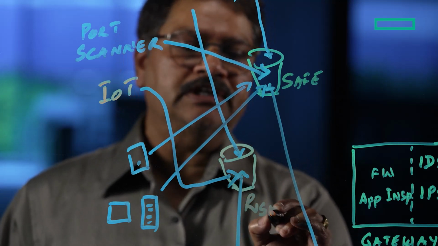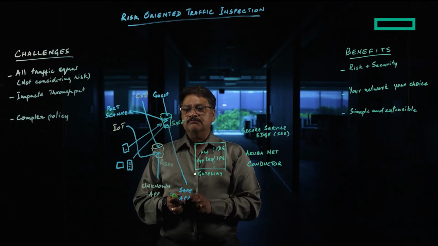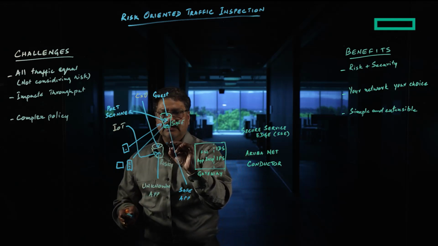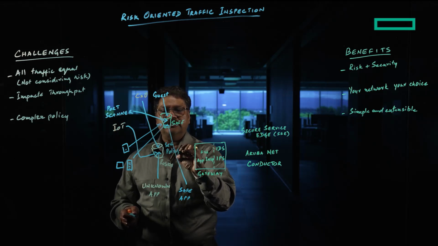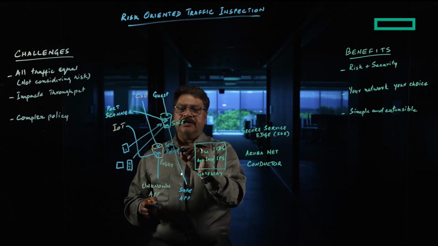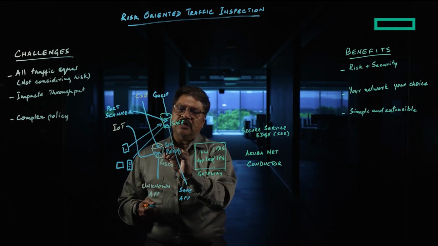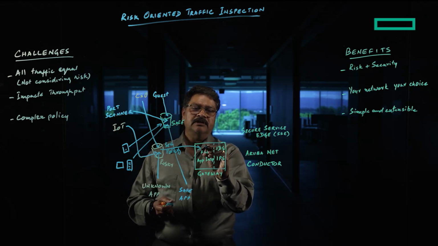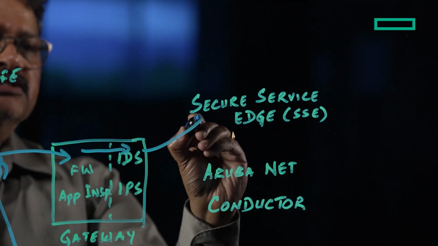Once you have figured out what you're going to inspect, you simply apply a policy to it and say that anything that is risky, I'm going to apply a security policy on that, and I'm going to inspect it. What this means is that on the system, anything coming from this bucket, the system will know to take that traffic as it goes through the network or the gateway and send it to the IDS IPS engine, to do the inspection before it goes out.